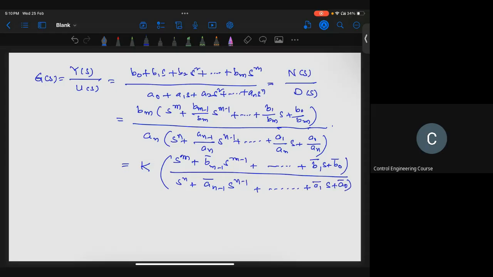Is this clear? Any queries? Now I can factorize the numerator and put it like this.